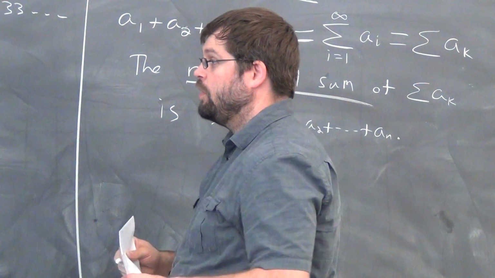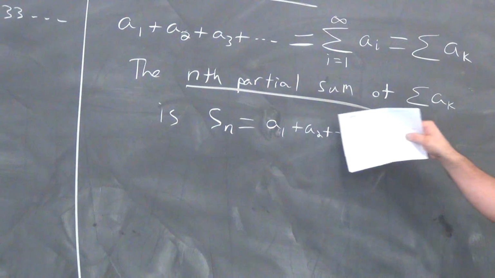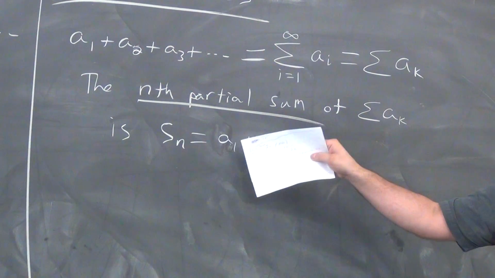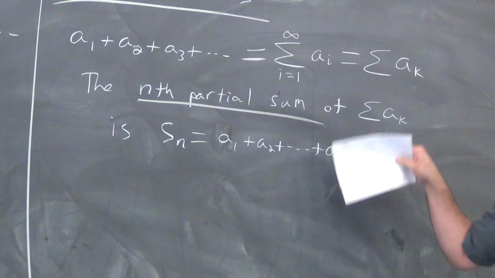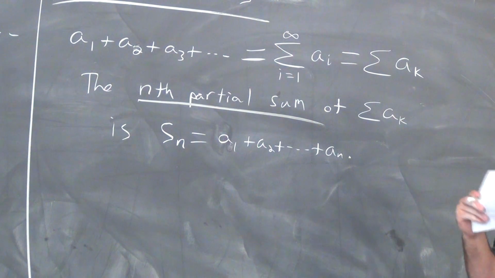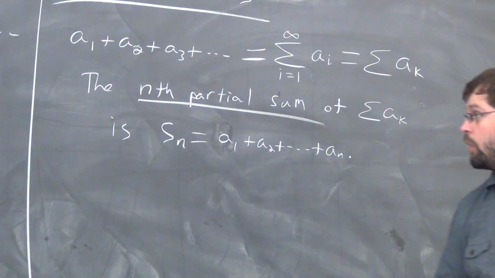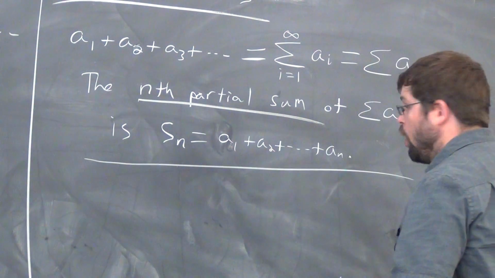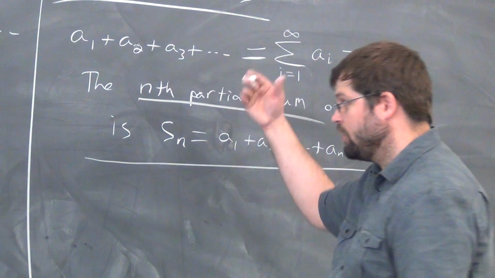And so now, given a series like this gives rise to a new sequence, right? Your S1 is just a1, your S2 is a1 plus a2, S3 is a1, a2, a3. Those are always going to be defined, right? They're a finite sum. So that gives rise to a new sequence, and we already know what it means for a sequence to converge, and so that's the definition of series convergence.